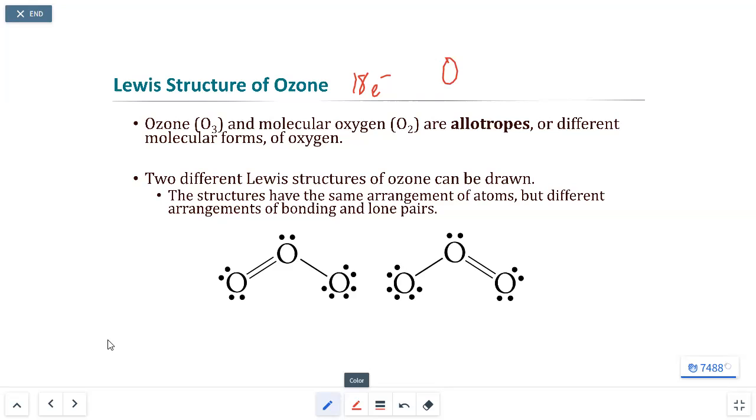And if we do the structure up, what we will find is that we end up getting a structure that looks like this, where the single bonded version, so our simple structure here ends up having 20 electrons in it.